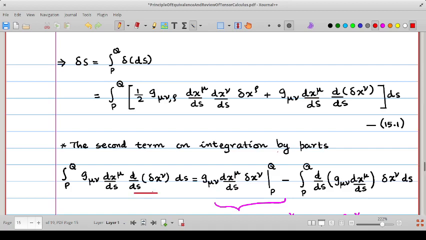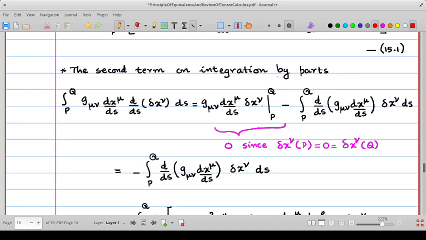So the second term is this, the integral of that is simply delta x nu, evaluated at the two limits which are P and Q, minus the derivative of the first, so the derivative of this function, which is d by ds of g mu nu dx mu by ds, times the integral of the second, which is delta x nu.